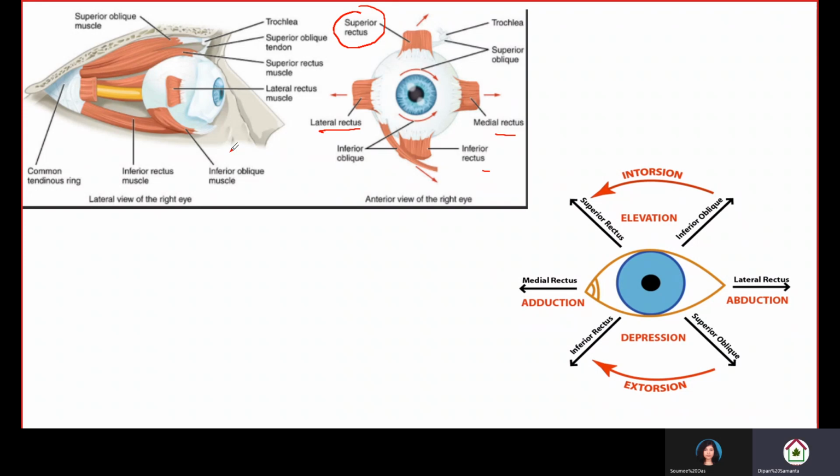And the functions are given in the next image: intorsion, elevation, depression, extorsion, and lateral rectus abduction, while medial rectus adduction. So these are the functions of these muscles.